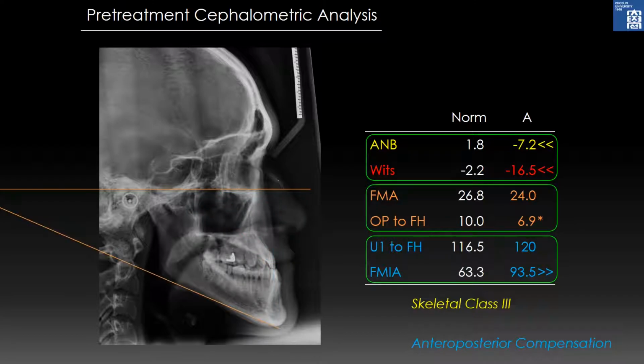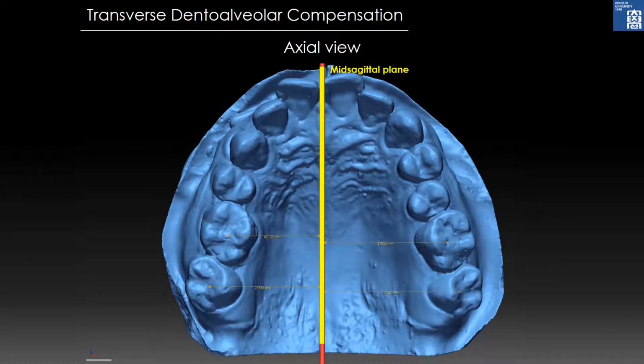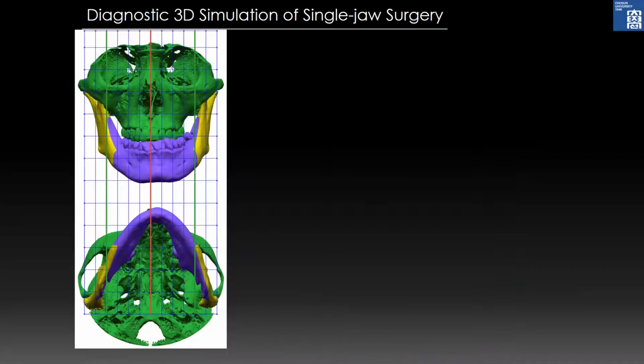Occlusal plane was only 6.9 degrees. This flat occlusal plane can be considered as a vertical dentoalveolar compensation to the excessive vertical growth of the ramus. Maxillary arch was narrower on the right side and wider on the left side due to the transverse compensation to the mandibular shift to the left.